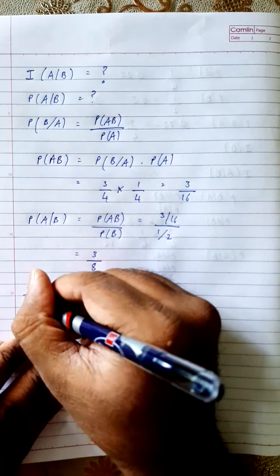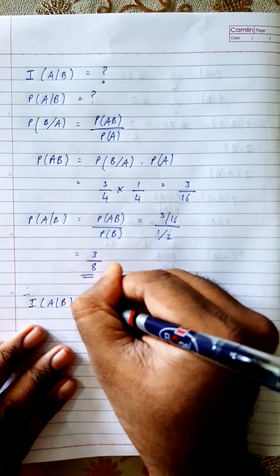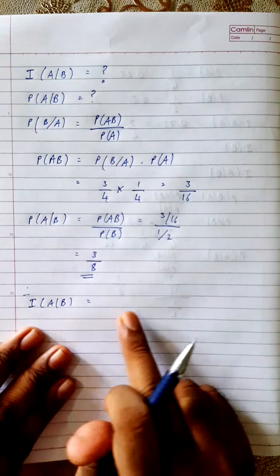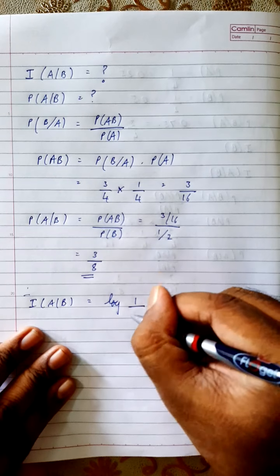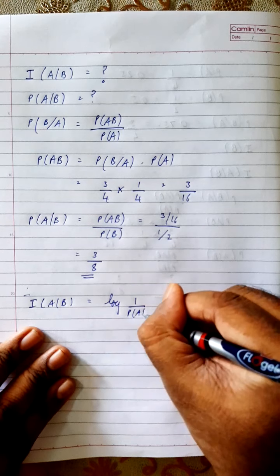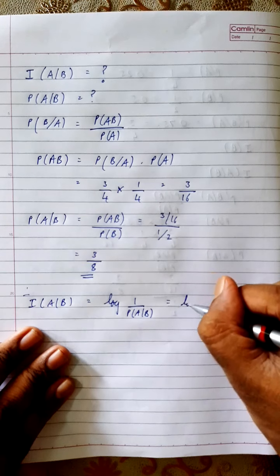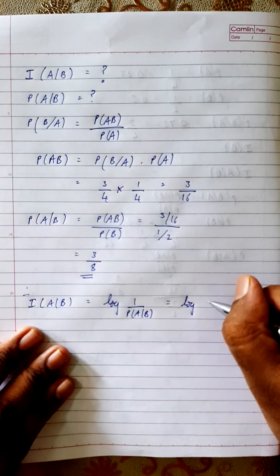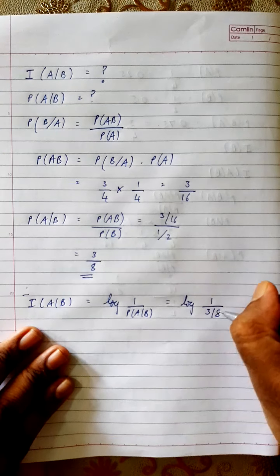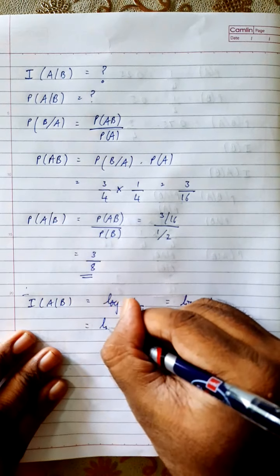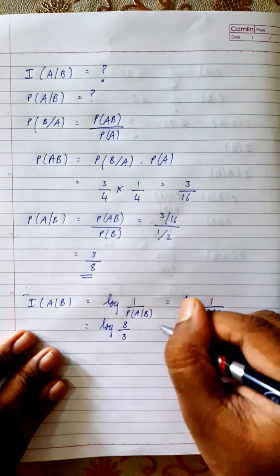Therefore, now I can find I of A by B. I of A by B is log of 1 by P of A by B, which is log of 1 by 3 by 8, which is log of 8 by 3.